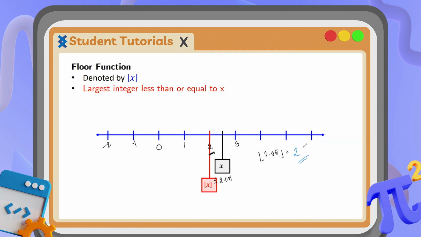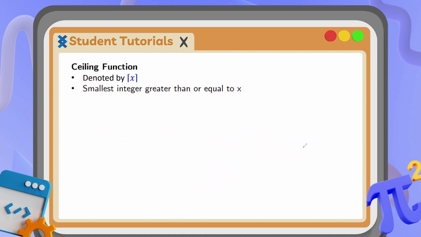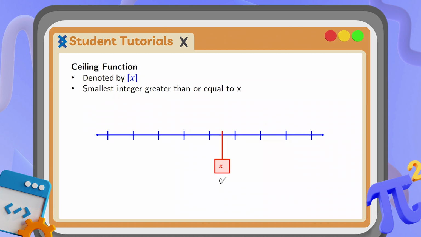Okay, so let's proceed to the other function, the ceiling function. This time, it pertains to the smallest integer greater than or equal to x. So let's say this again is 2.05, and this one is 3, this one is 2.